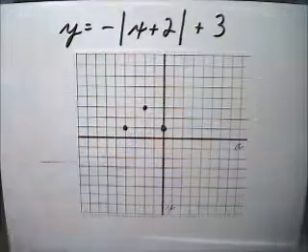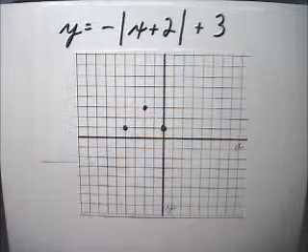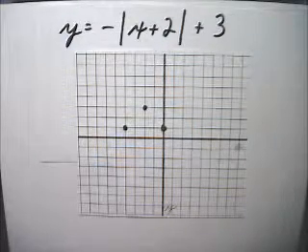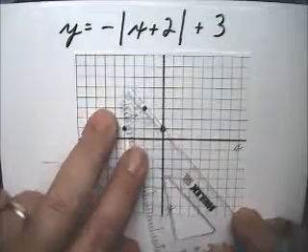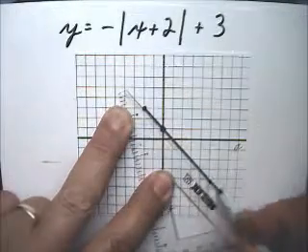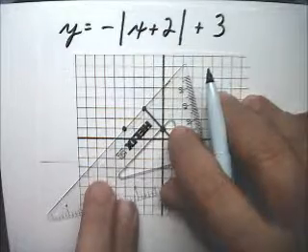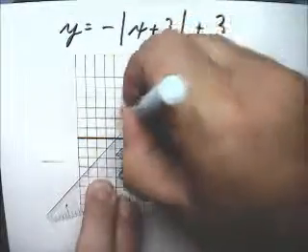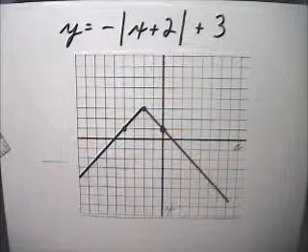So that's the graph. We just have to connect it up and draw the lines. And that's the graph of that absolute value function.